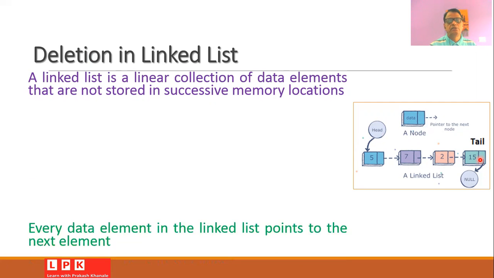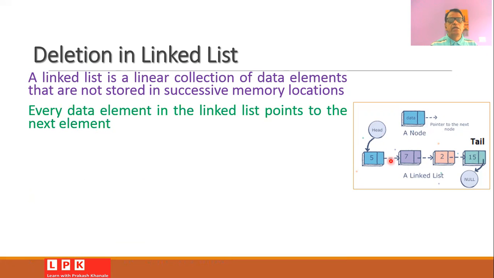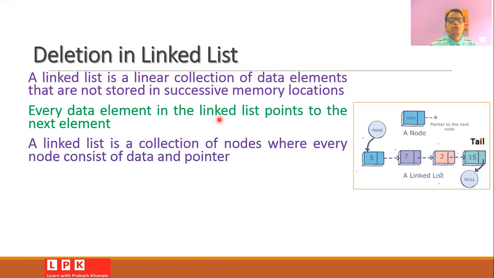Every data element is linked to the next element, and that is the reason this list is called a linked list. So a linked list is a collection of nodes, where every node consists of a data value and a pointer or link field.